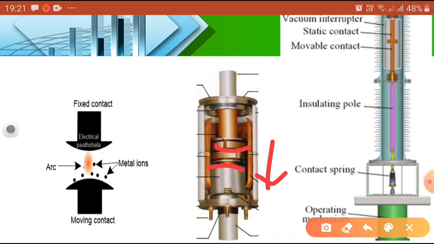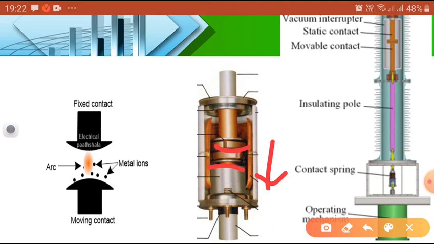The arc is generated due to the vaporization of metal vapors from the contact surface, through which the short circuit current tries to flow. When charge particles flow through a conductor, we say this is a current.